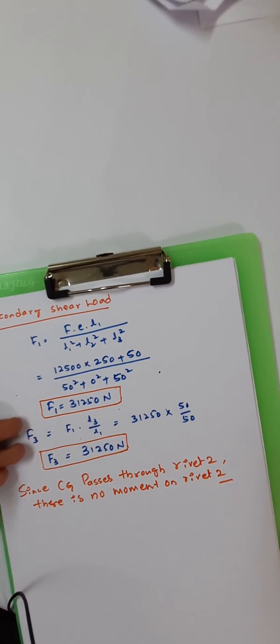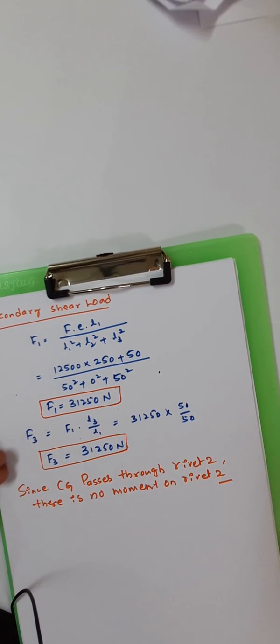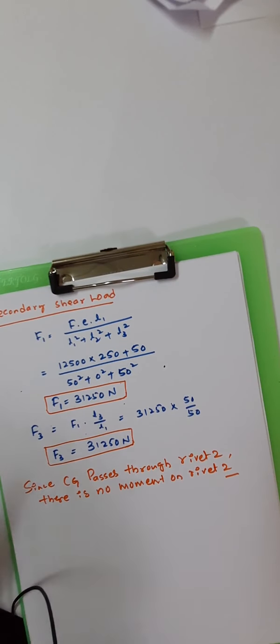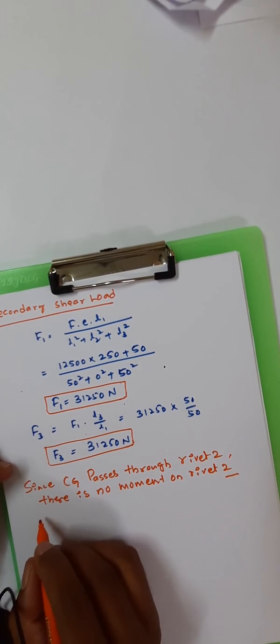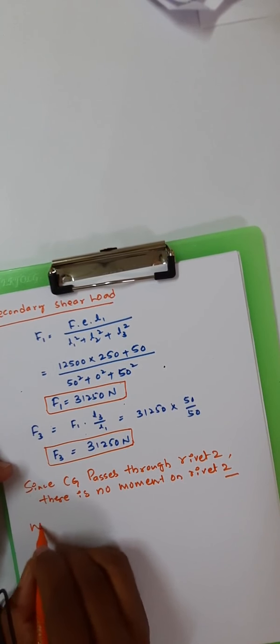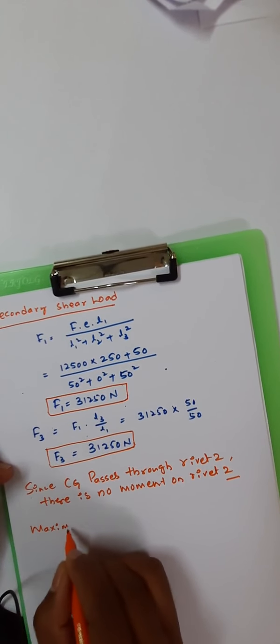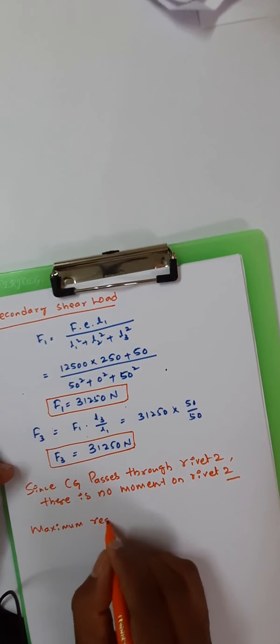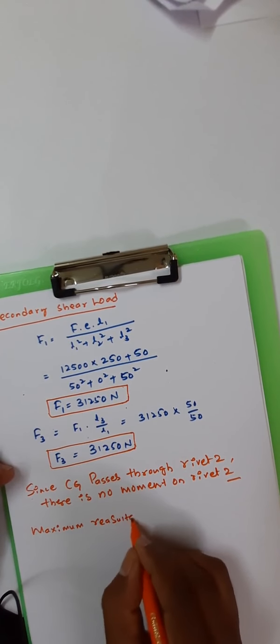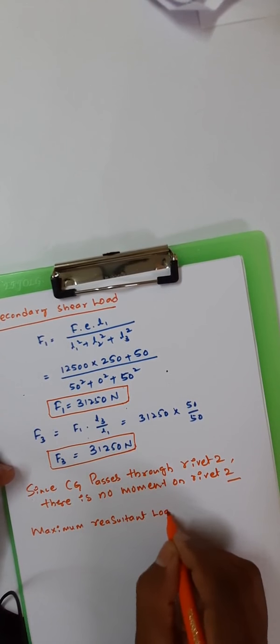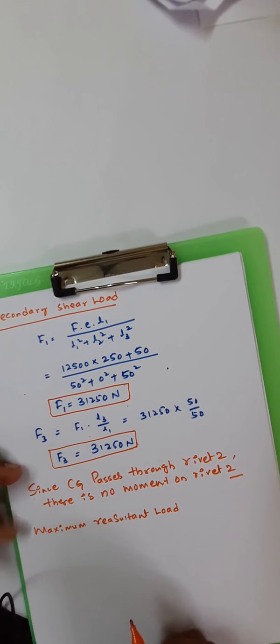There is no moment on rivet number 2. Okay. Next, what we need to find out? We need to find out the maximum resultant load.